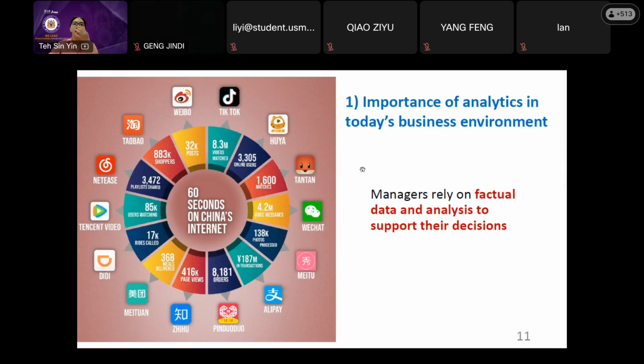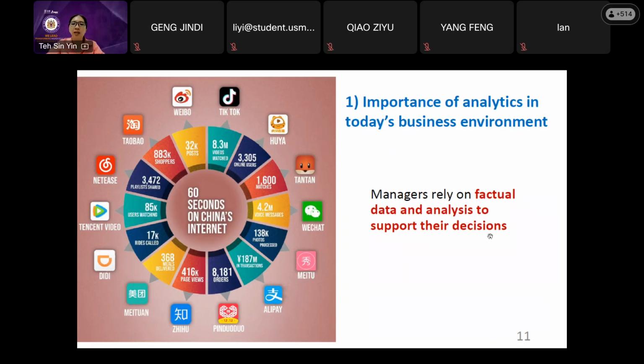All right. Okay, so importance of analytics in today's business environment, the manager needs to rely on factual data and analysis to support the decision. It is not the old days where the manager or the boss always says, based on my experience, then I make this decision. This is a no in today's business world.